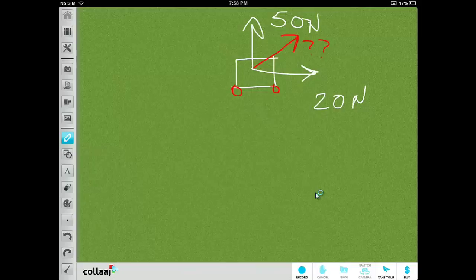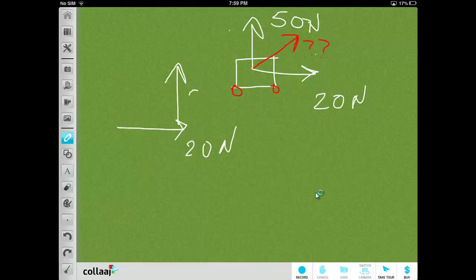You cannot add them directly because the forces are added tail to tail, and you cannot add vectors tail to tail. So I need to change their directions. So the 20 is here, and I'm going to move this force to this direction here. But don't flip it, just move it parallel.